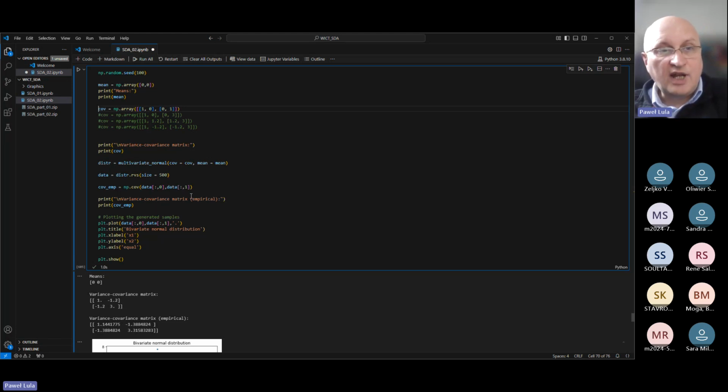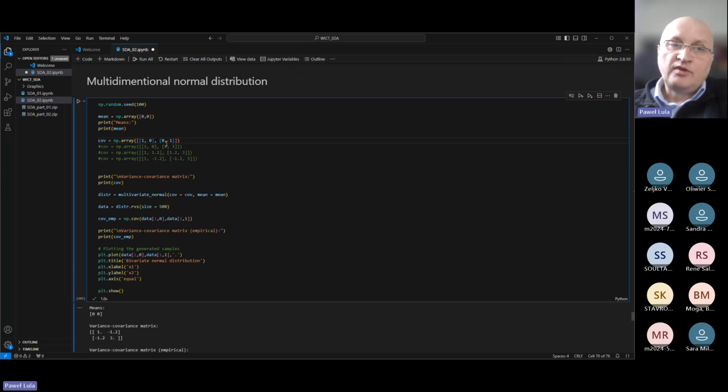Therefore, I can say that it was a one-dimensional normal distribution. Only values for one variable were generated. Now I'm going to use some methods for generating points in two-dimensional space or three or higher dimensional space.